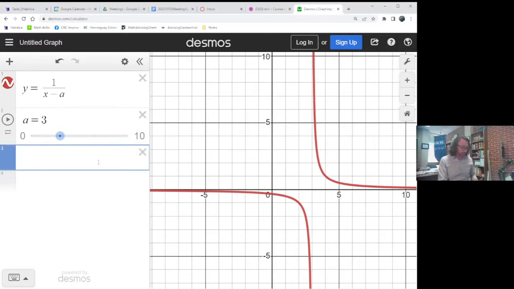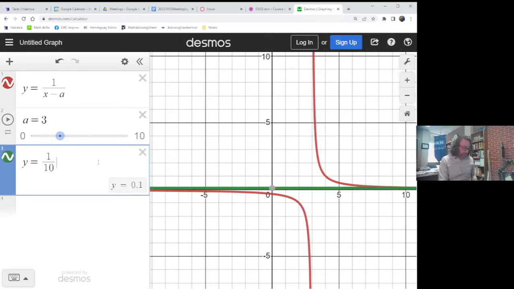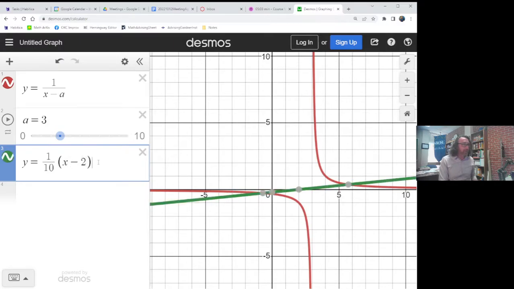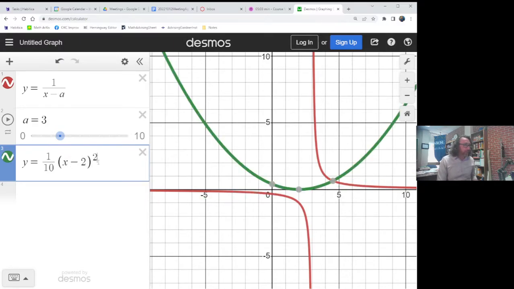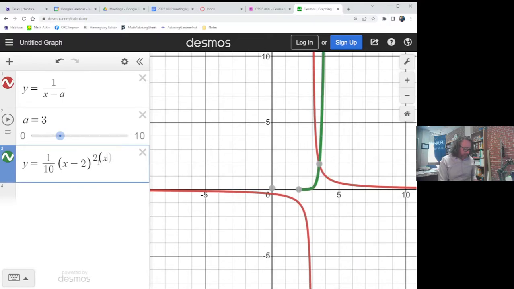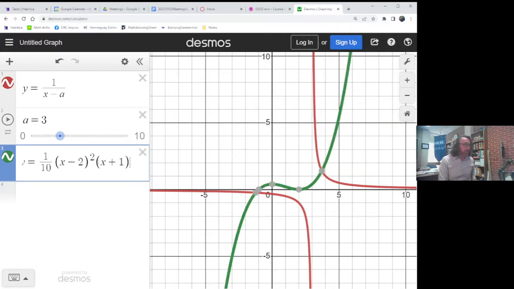For example, if I put in, just to make it kind of reasonable here, y equals 1 over 10 times x minus 2 quantity squared times x plus 1. Oop, no, I don't want that up there. I want that down here.